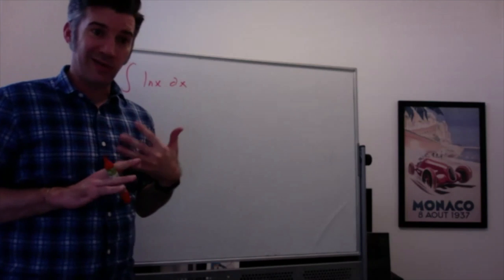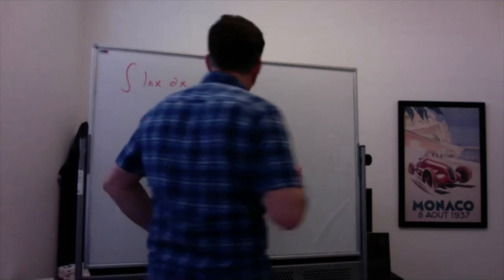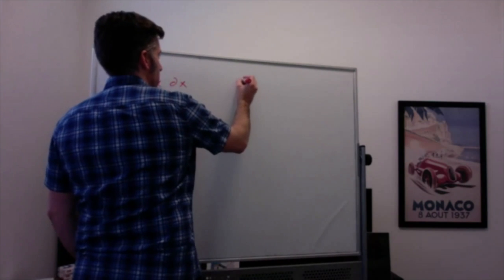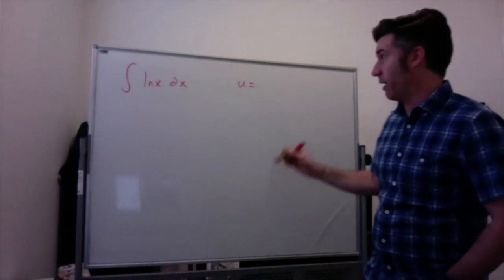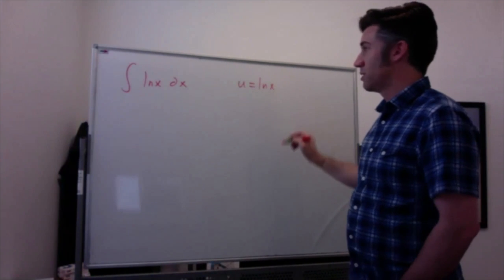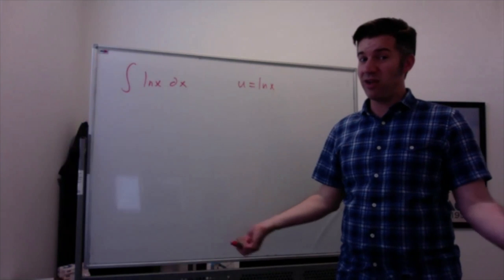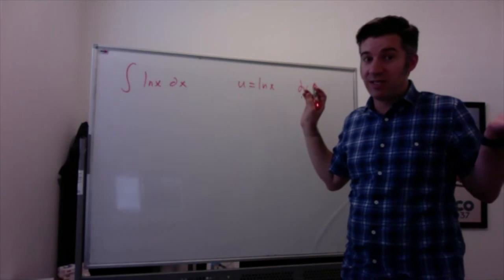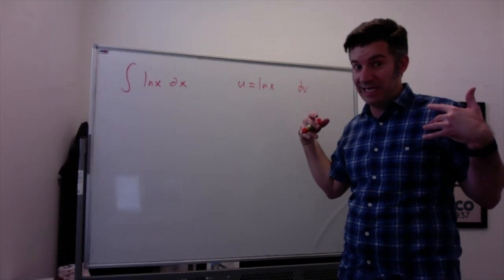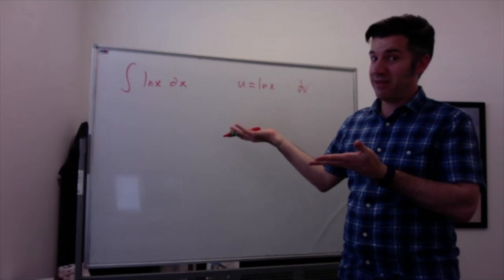The idea is to use integration by parts, where u is the function, because we definitely want to take the derivative of the natural log of x. And just like every other integration by parts problem, dv is everything else that's left, which in this case is, what's left?